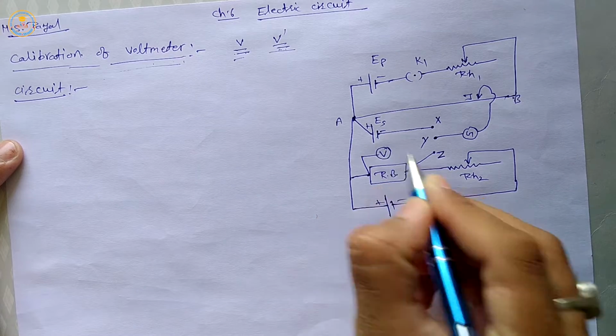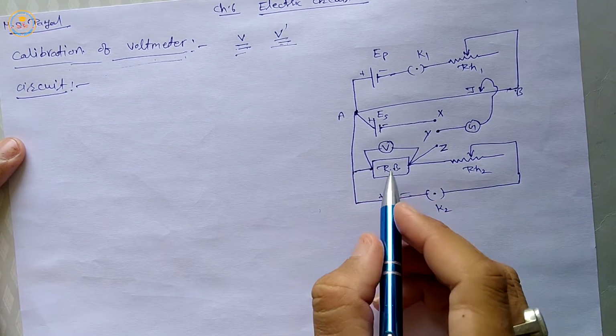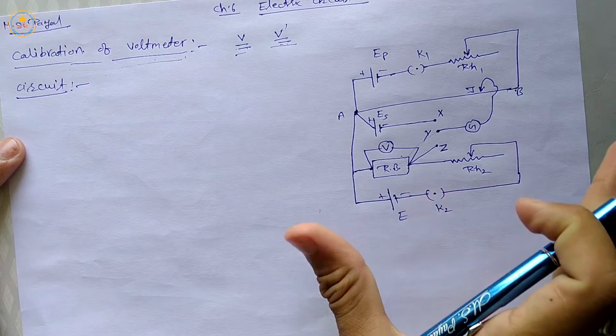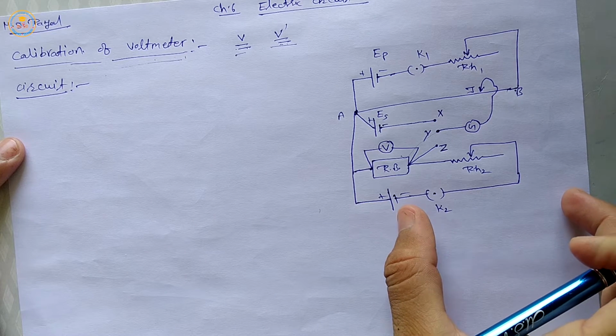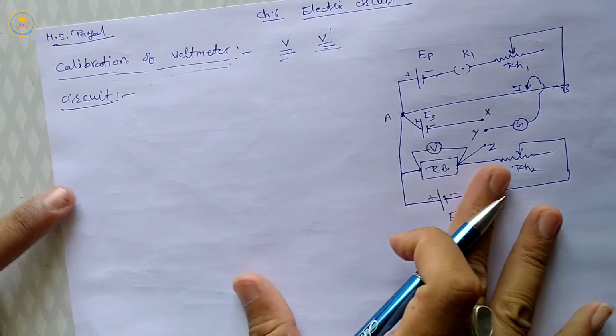This is the voltmeter which is to be calibrated. Okay, this is the circuital diagram of a calibration of voltmeter. It is very simple, so carefully learn it.